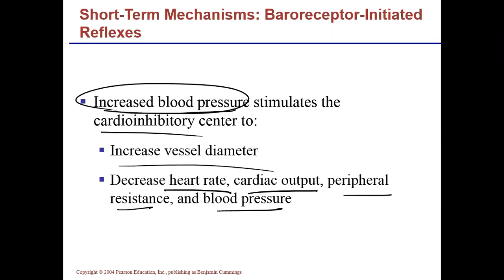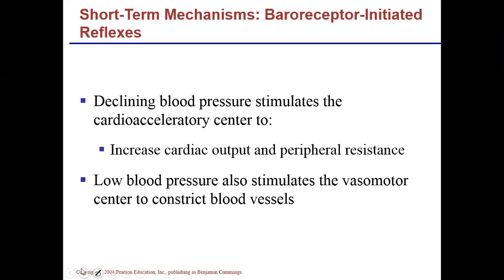To make this make a little more sense, we can take a look at the opposite. In other words, what happens when the blood pressure is dropping? Now you need to accelerate the cardiovascular system. You need to increase the cardiac output, because when the cardiac output goes up, the blood pressure goes up.